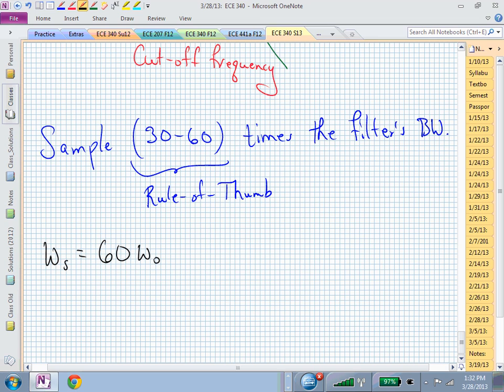This now says that I am going to be at 60 times 10, or I would like to sample at 600 radians per second or faster. So that's the frequency of my sampling.